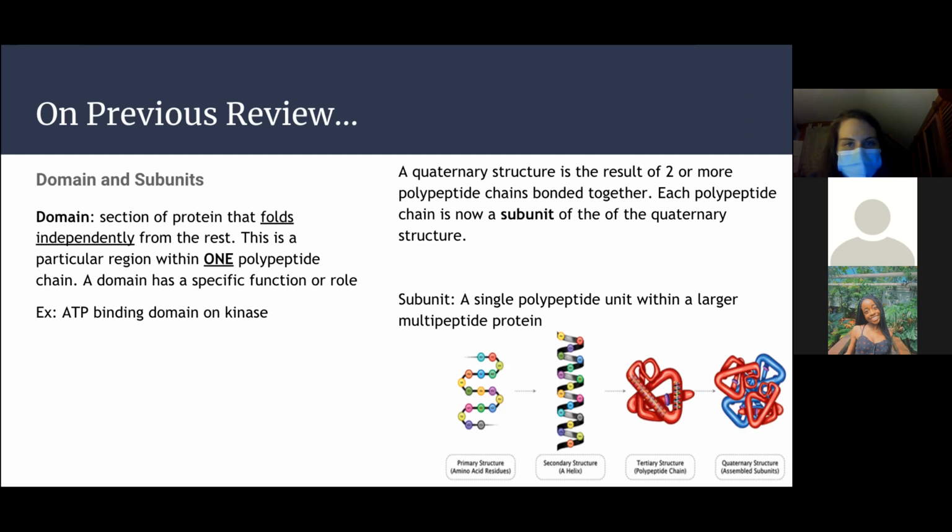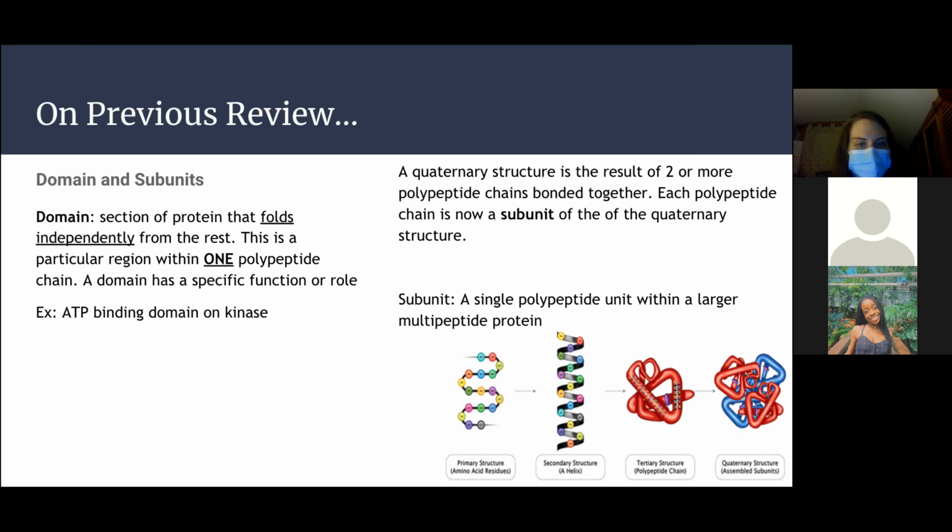Kinases are special enzymes, which are proteins that facilitate some sort of catabolic reaction. Kinases are able to phosphorylate things because they cleave phosphate groups off of ATP. That's why there would be a domain on the kinase, which is the place for ATP to bind to. So that's just an example of what a domain is.